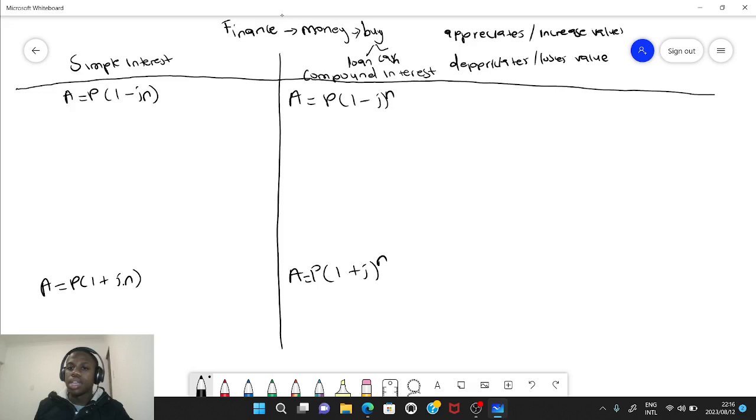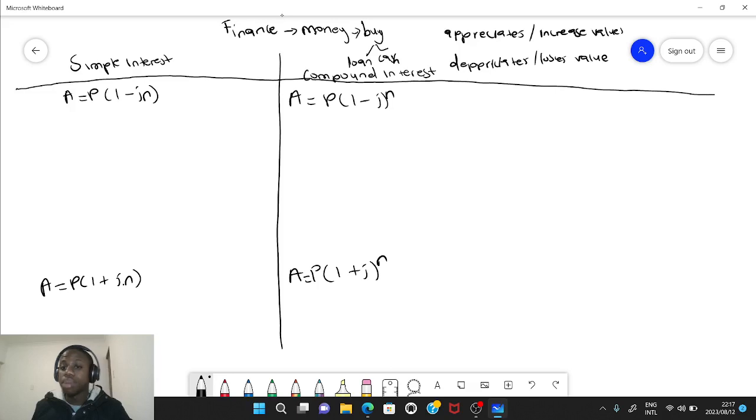Whenever we have something appreciating, it increases in value, meaning that the current amount of that thing is greater than the previous amount, right?